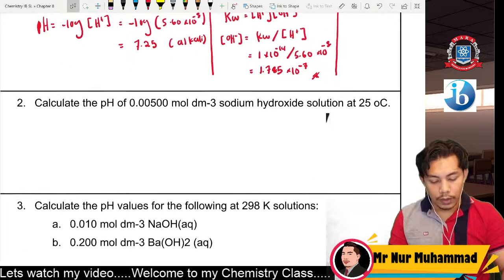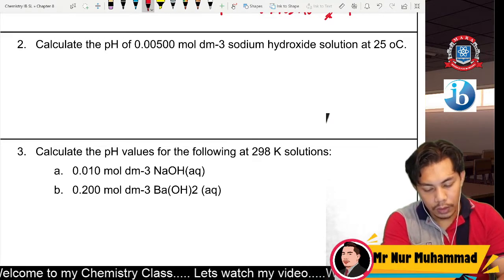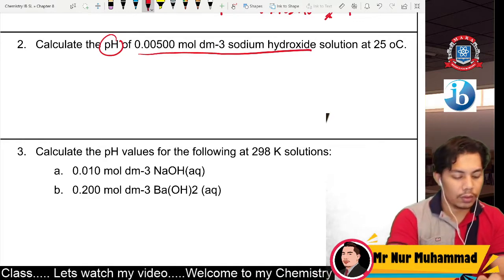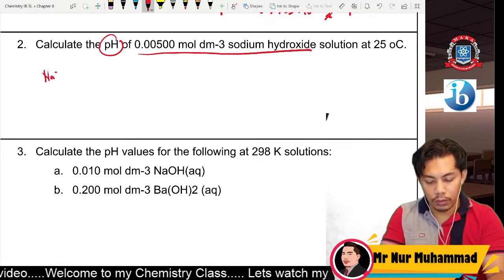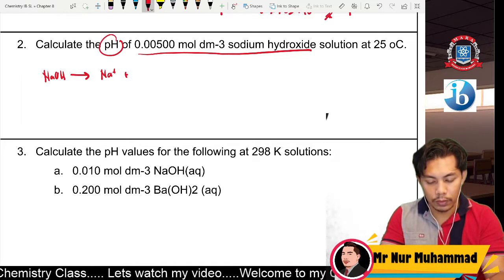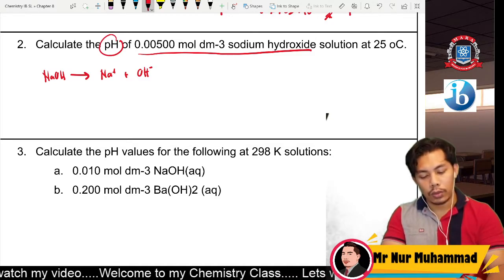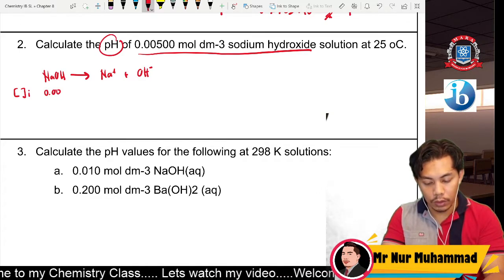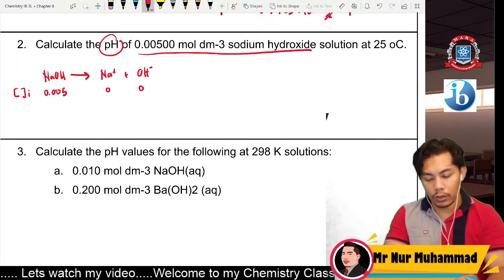Now we proceed to question 2. Calculate the pH. You are given the concentration of alkali, a strong base. Sodium hydroxide will ionize completely to produce sodium ion and hydroxide ion. The initial concentration is 0.005, and the initial concentration of product is 0.